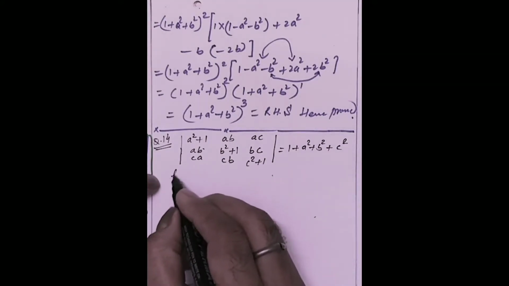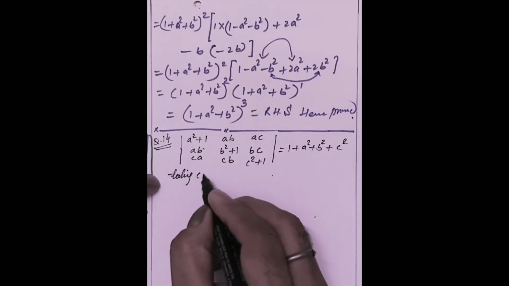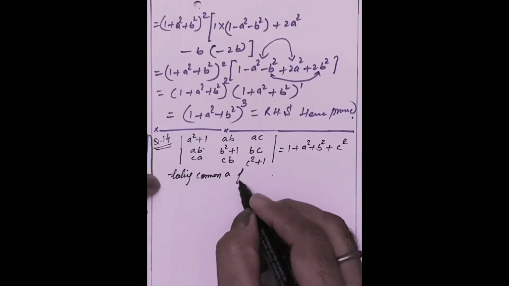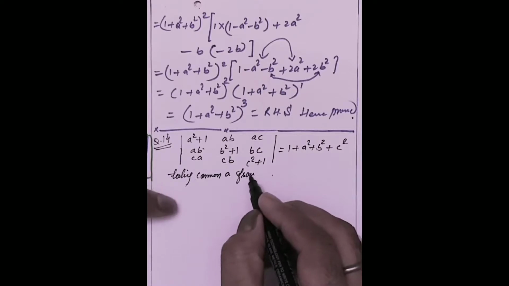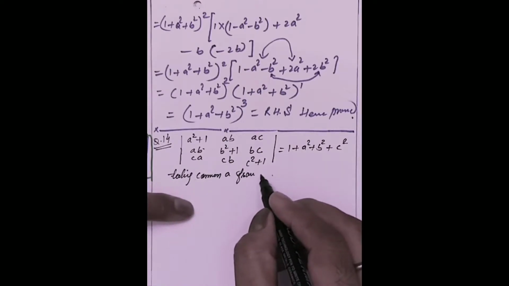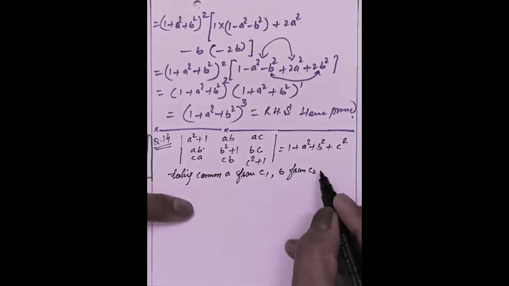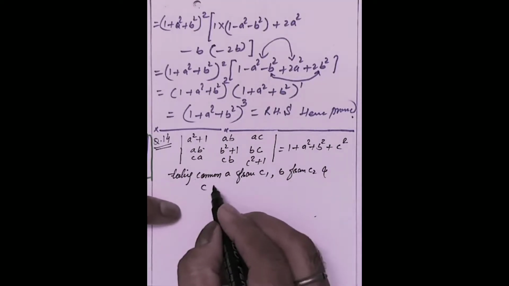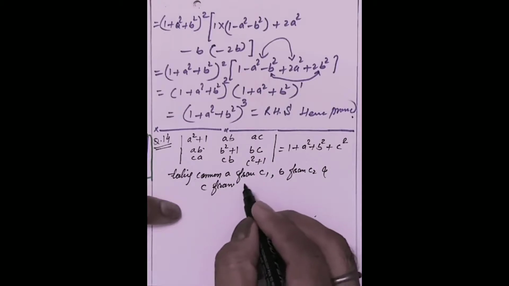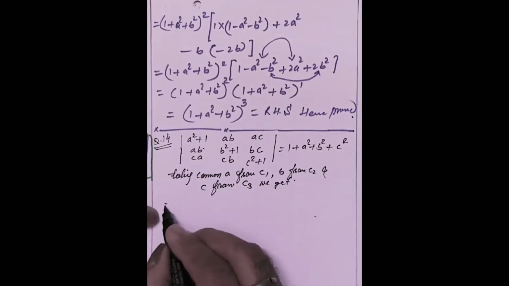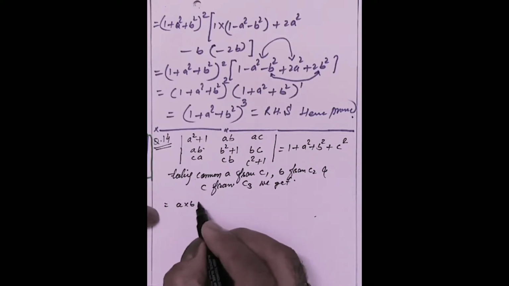So taking common a from C1, b from C2, and c from C3, we get outside a into b into c.